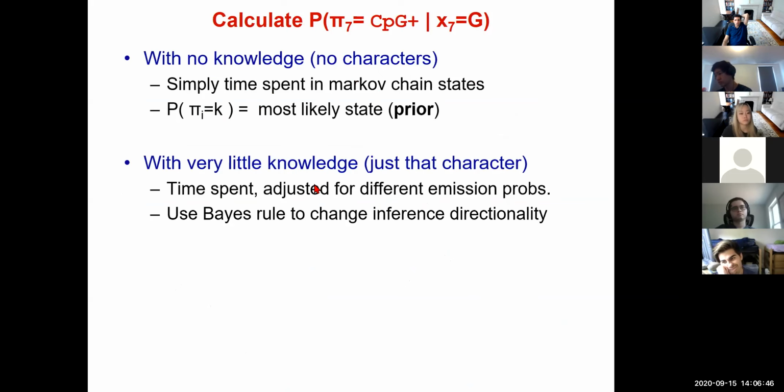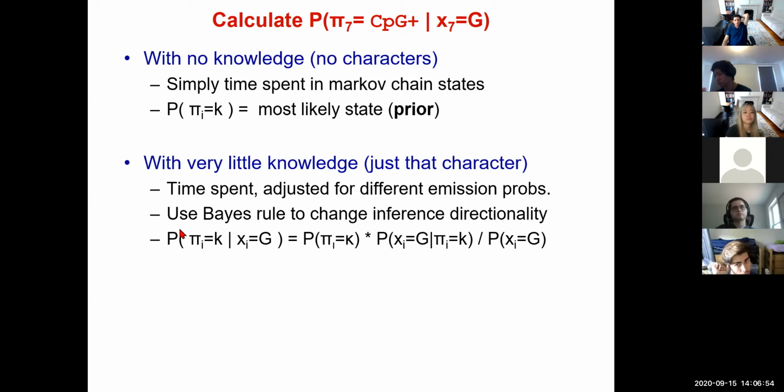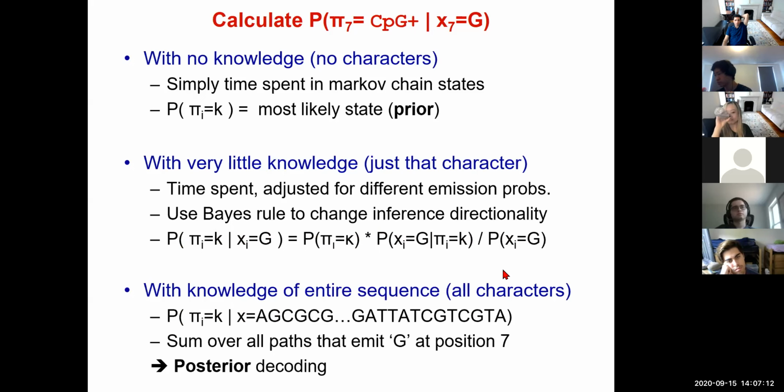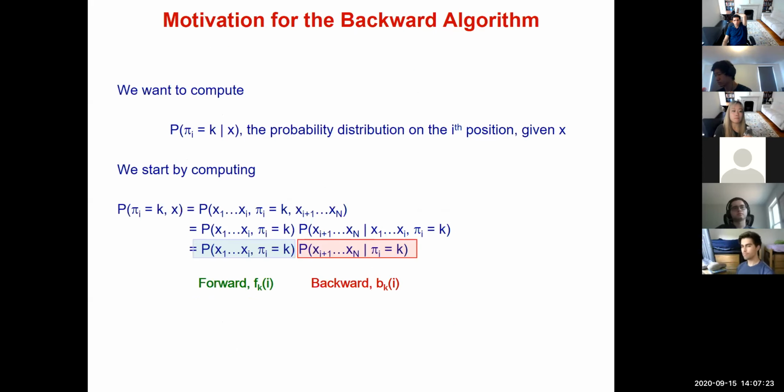With very little knowledge, just that character, it's the time spent, adjusted for the different emission probabilities, and we can use Bayes' rule to change the inference directionality and infer the probability of the path being in state K given a character, which is the probability of seeing that character from that state, times the prior of that state, divided by the total probability of observing that character. And if I have knowledge of the entire sequence, all of the characters, then this is summing over all paths that emit G at position 7, and that's posterior decoding.